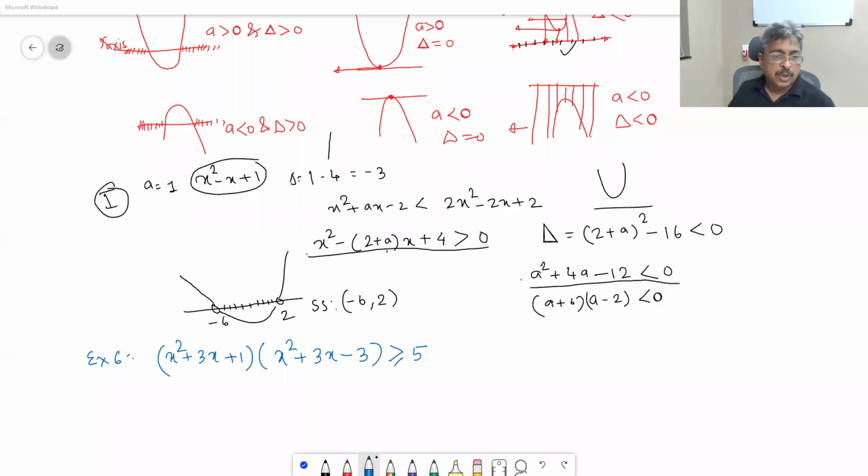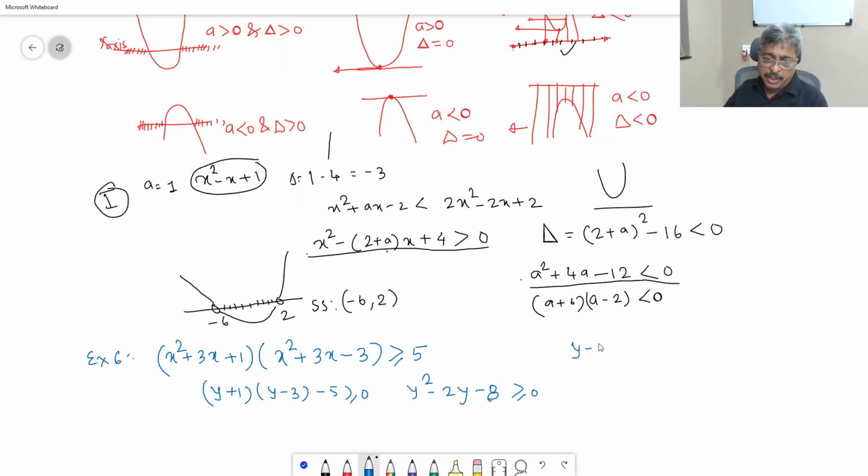This is (y plus 1) into (y minus 3) minus 5 should be greater than or equal to 0. So y square minus 2y minus 3 minus 5 is minus 8, should be greater than or equal to 0.